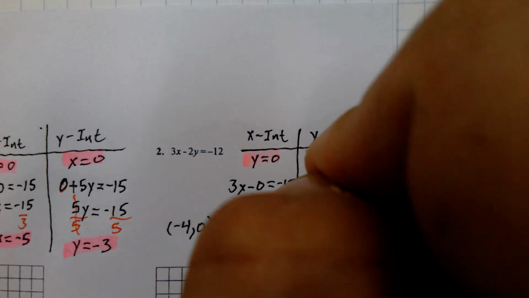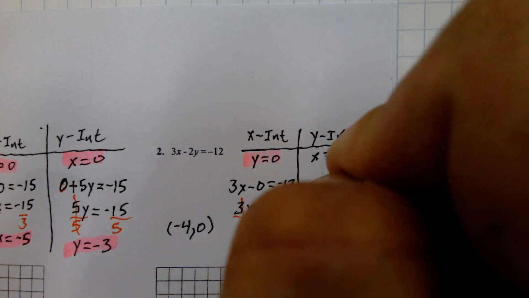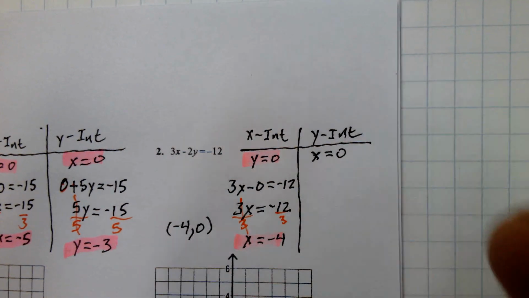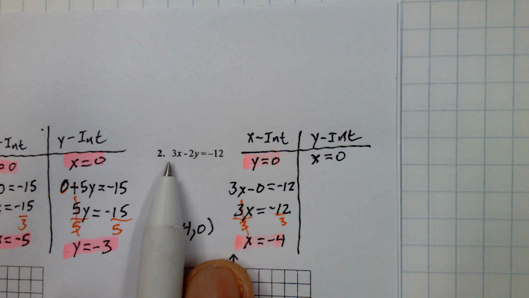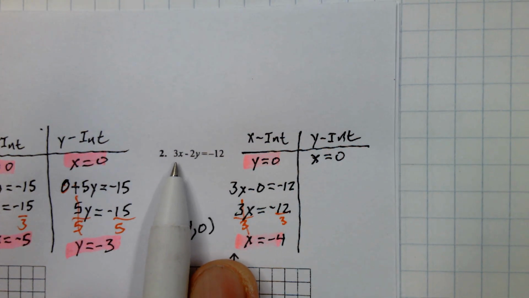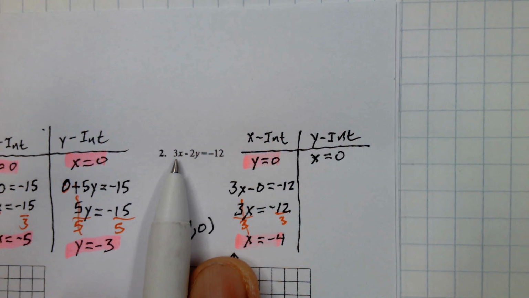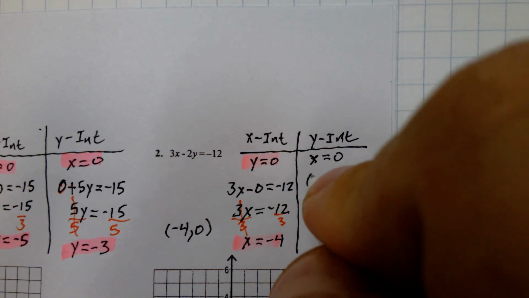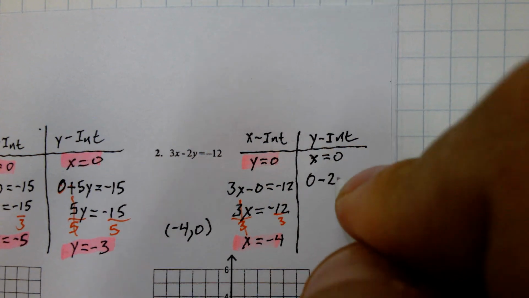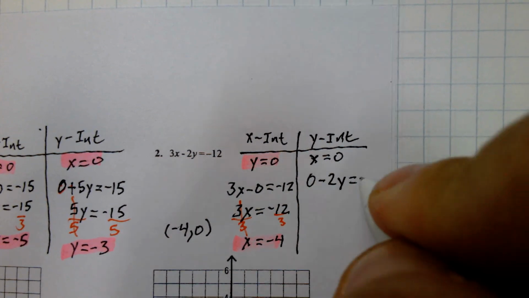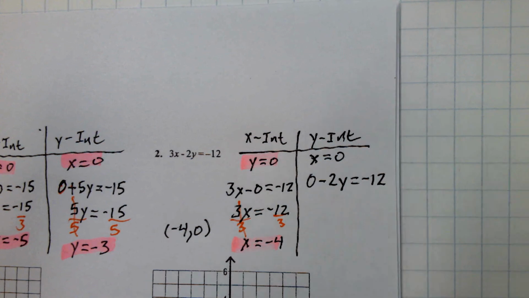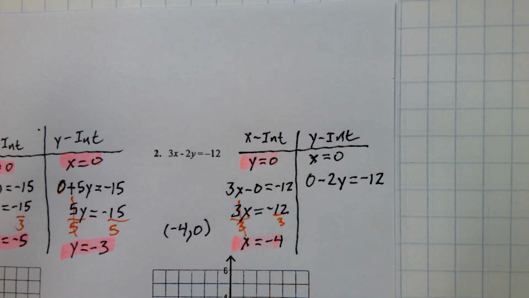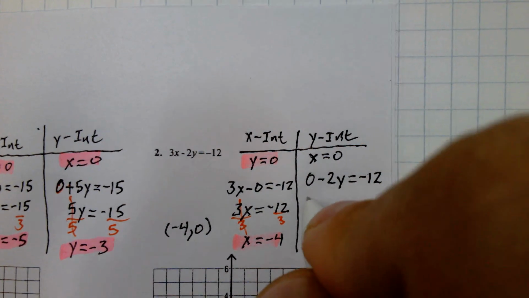Let's find out the coordinates for the y-intercept. So this time we want x equal to 0. Okay, so go to our equation, replace x with 0. What am I going to get? 0 minus 2y equals negative 12. So we don't need that 0, but I still need the minus.